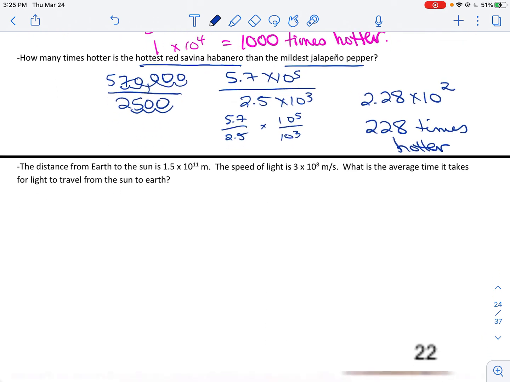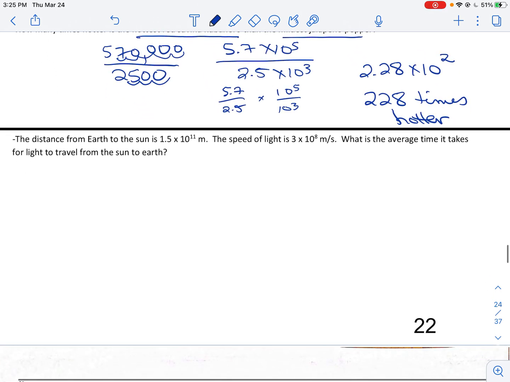Okay, so the next thing says the distance from the Earth to the Sun is 1.5 times 10 to the 11th meters. The speed of light is 3 times 10 to the 8th meters per second. What is the average time it takes for light to travel?